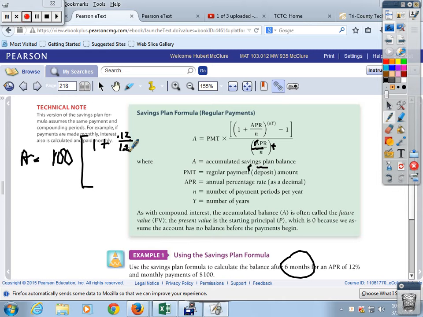We pay monthly. Does it say that in there? Monthly payments. And how many months are in a year? 12. So the NT power, the N would be 12, T would be 1/2 or 0.5, minus 1, all over 0.12 over 12.